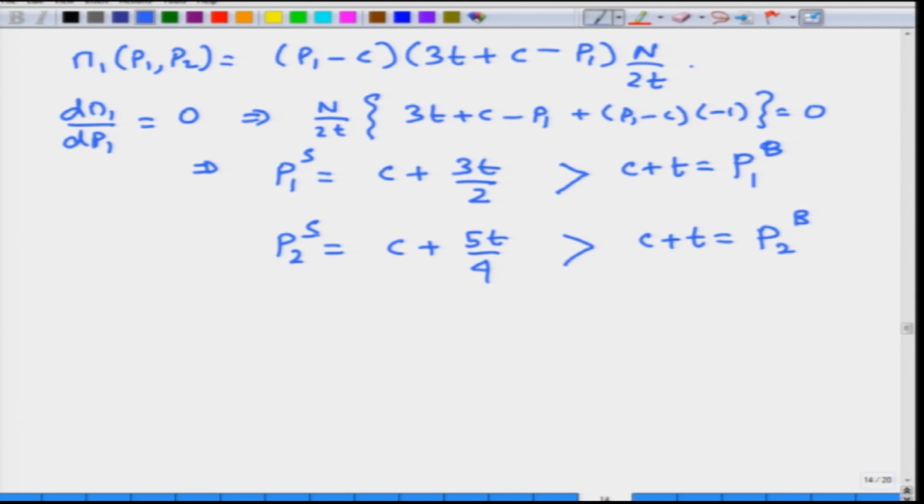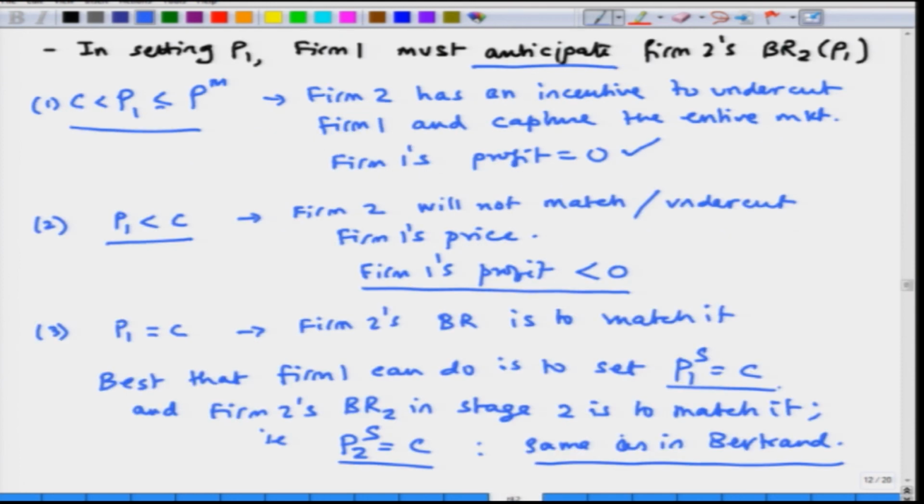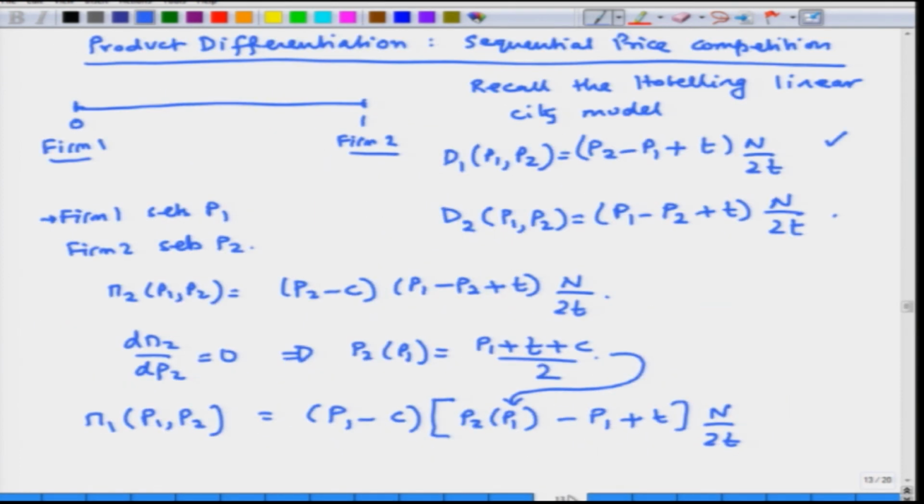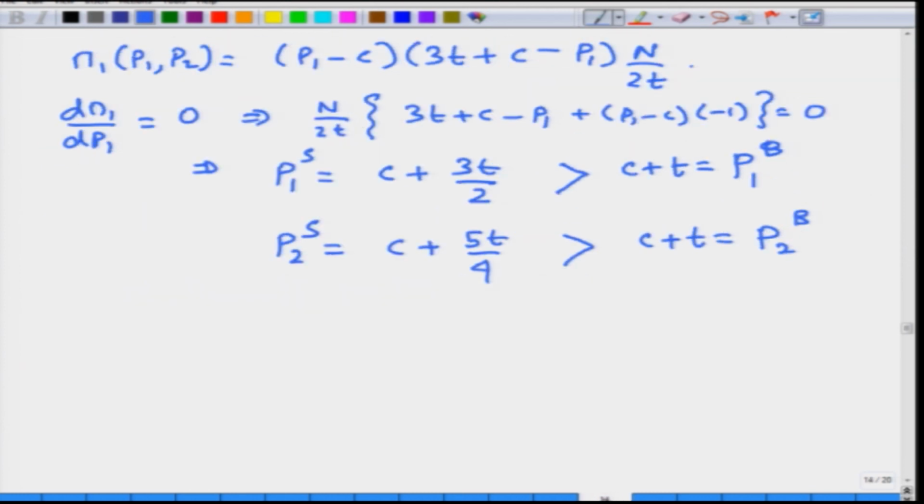Now, we can substitute these prices into the demand functions D1 and D2 and solve for the optimal quantities that the firms are producing, and then go back to the profit functions and figure out what the profits of the two firms are. If we were to do that, we would find that firm 1 and firm 2 no longer share the market equally.